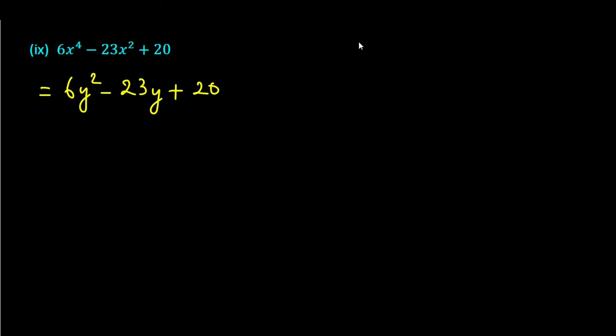So now let us take AC. AC is equal to 6 into 20. This is 120. So we have to choose a pair of factors whose product is 120 and whose sum is minus 23.